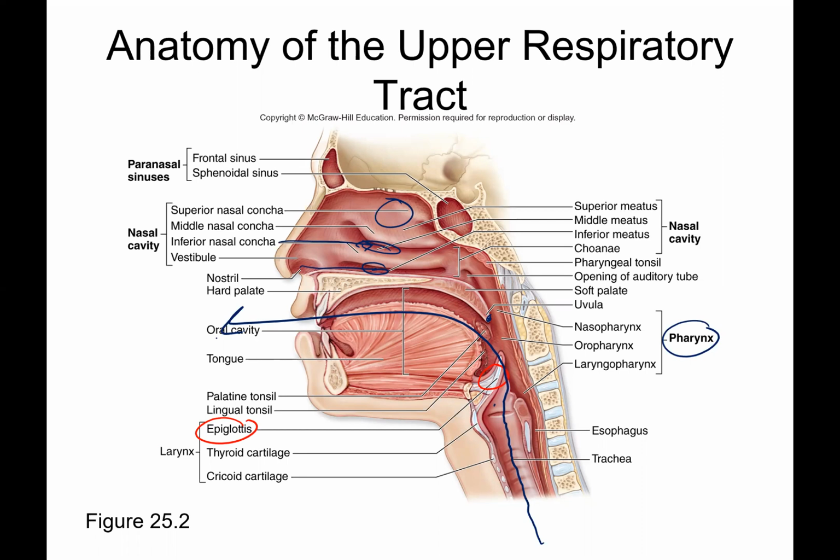As sound is trying to come up, the epiglottis is open while you have food in your mouth trying to swallow, so it can get stuck. So you just have to be really careful, making sure that you coordinate your talking and chewing and swallowing at different times.